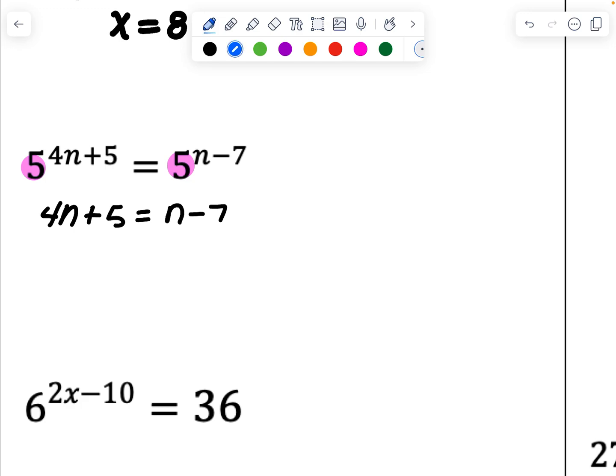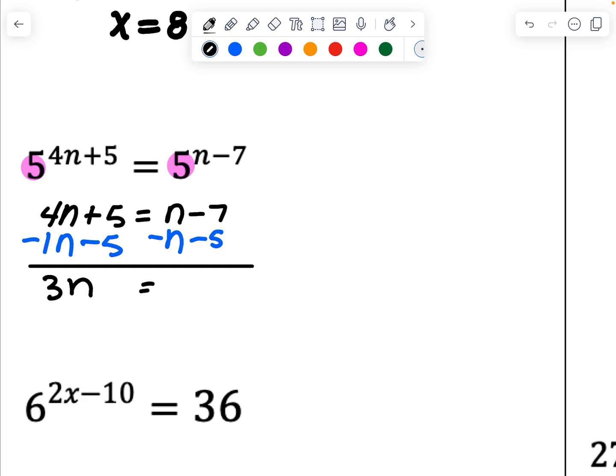And then, of course, we're going to solve for n by moving an n and by moving the 5. And so we have 3n is equal to negative 12. So n is equal to negative 4.